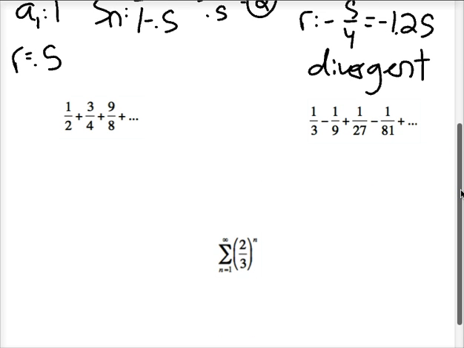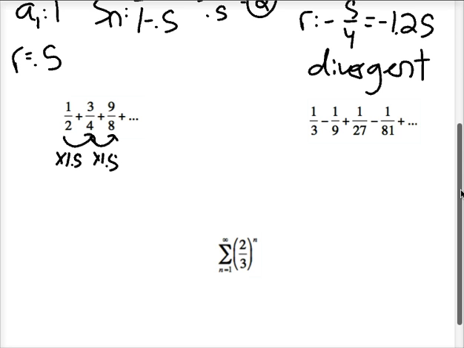Okay, let's check out another one. So let's see what's happening here. So 1/2 to 3/4 to 9/8. All right, so we want to find out what we're multiplying by. So 3/4 divided by 1/2, multiplying by 1.5. 9/8 divided by 3/4.